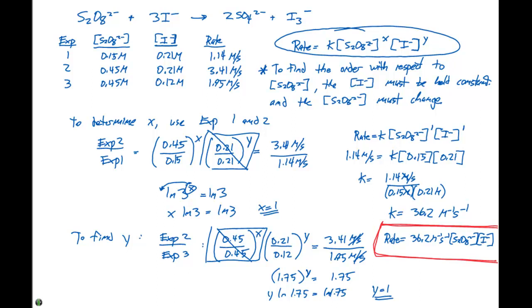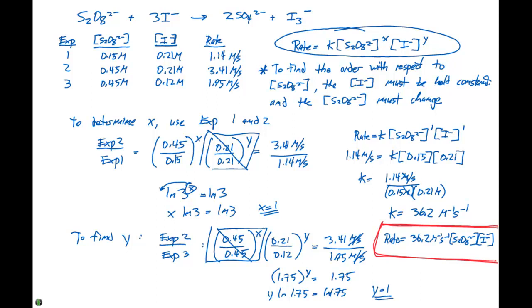We can do the same thing for the iodide. The first step is to figure out the order of each of the reactants. In this case, there are 2 reactants. Sometimes we'll have 3, so we'll have to do this 3 times, right? Then we can determine what the rate constant, k, is by looking at any one of the 3 experiments, trials in the experiment.